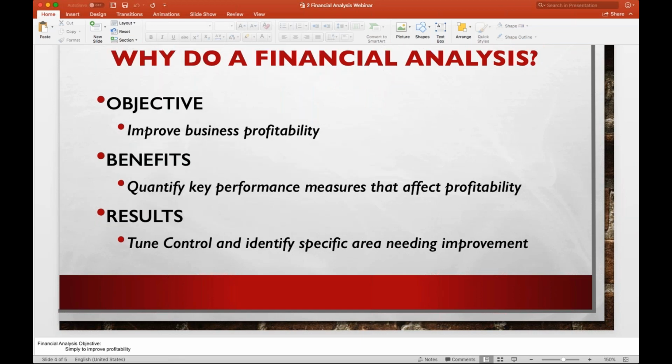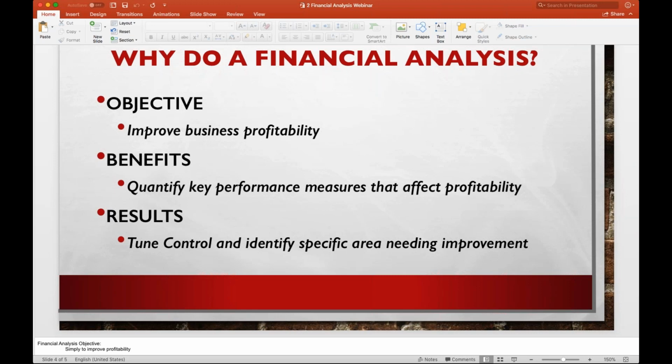The objectives of a financial analysis are very simple. We want to help set the stage for improving profitability. And improving profitability is going to entail hopefully increasing sales, but at the same time, it's going to be necessary to reduce some of your expenses, either cost of goods expenses or variable expenses or fixed costs.